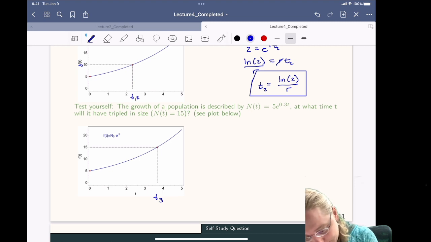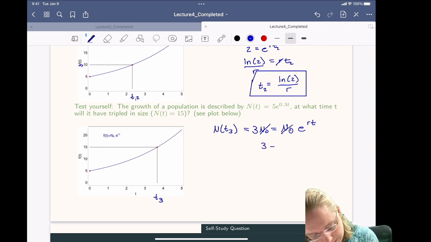Let's work this out. We have that our population size, how long does it take it to triple in size from the initial value? Let's divide both by N0. So we have 3 is equal to e to the r t.